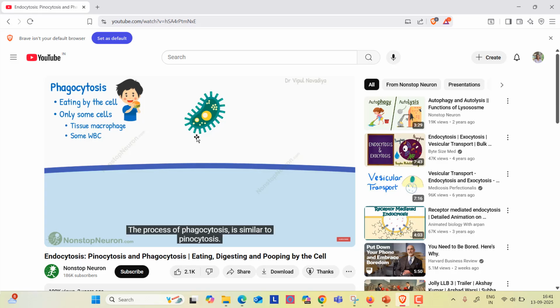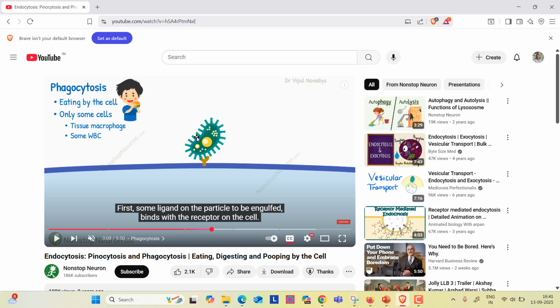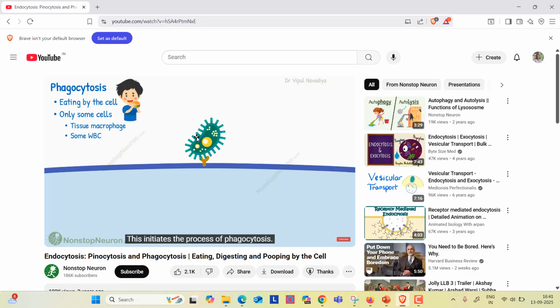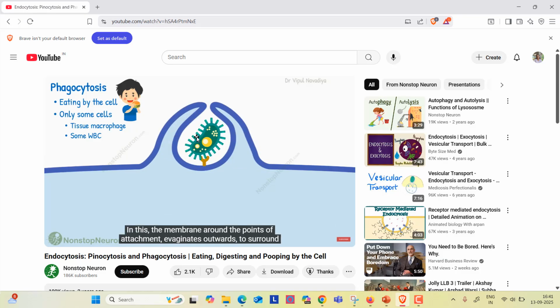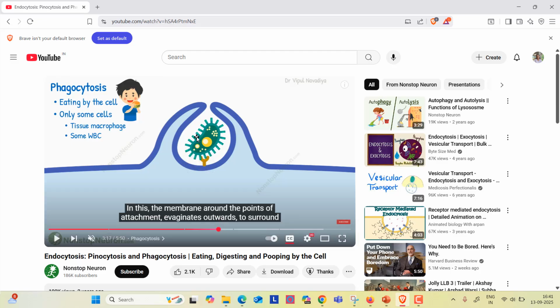The process of phagocytosis is similar to pinocytosis. First, some ligand on the particle to be engulfed binds with the receptor on the cell. This initiates the process of phagocytosis. In this, the membrane around the points of attachment evaginates outwards to surround the particle. In pinocytosis, the cell membrane was deepening, right? But in phagocytosis, the cell membrane is engulfing, evaginating outwards. These are two opposite phenomena.